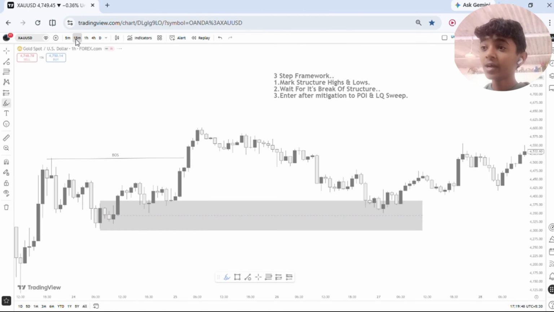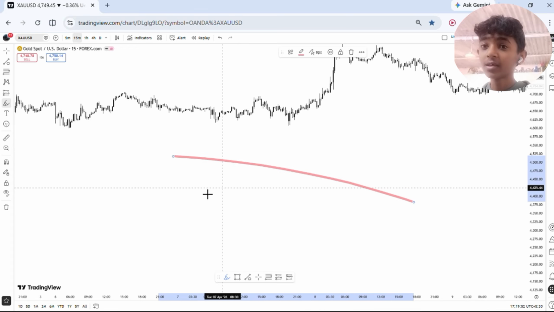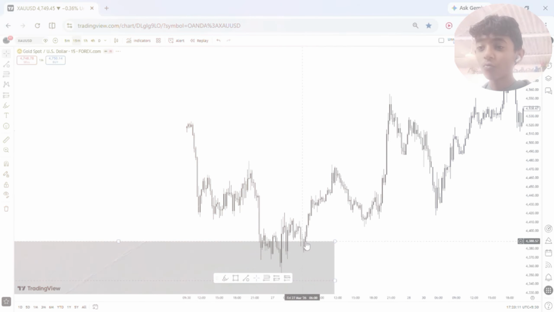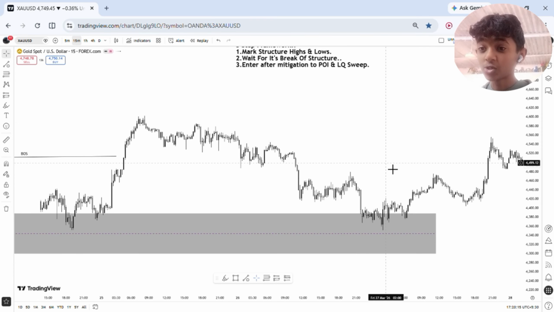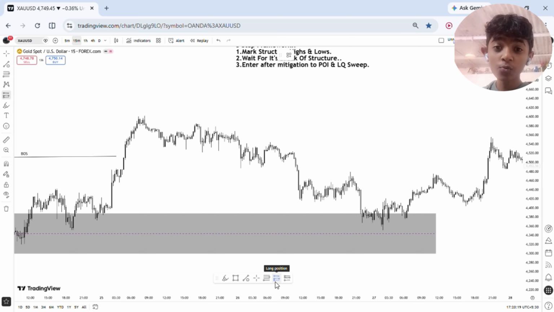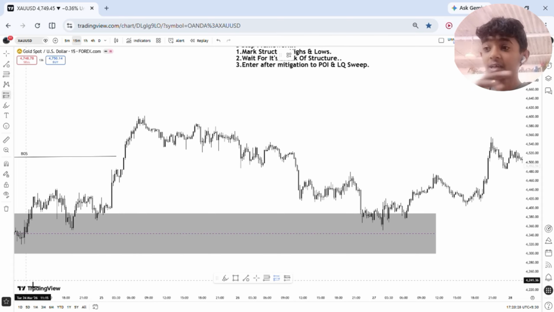So now we are going to shift to the 15 minute time frame and see the liquidity sweep. We came to a 1 hour point of interest, and now we saw that price has officially given us a sweep. We want to wait for 2 types of inducement: push and pull. Push inducement is simply when the price is going in that direction at that point in time.